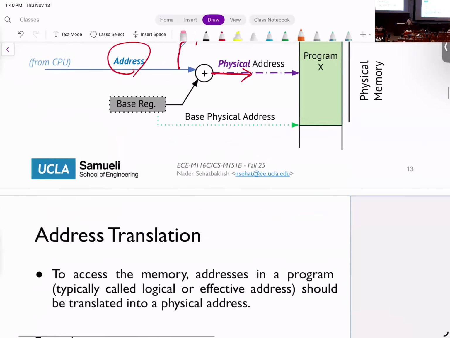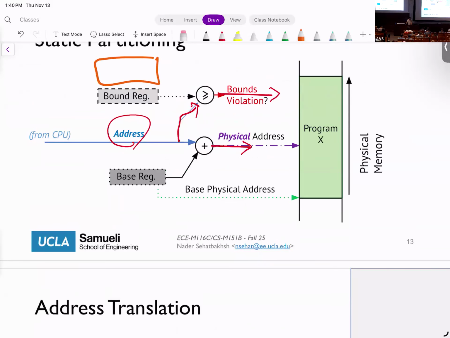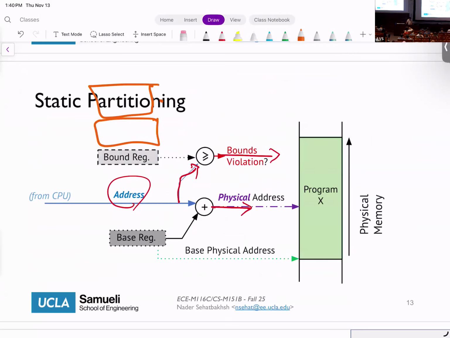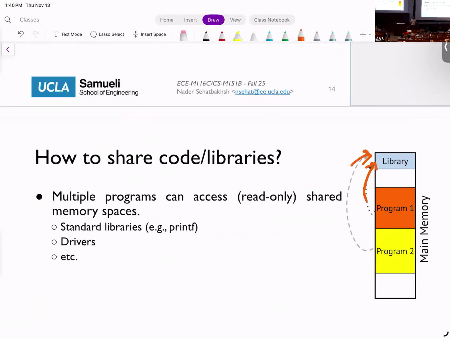So your bound checking usually is not just a simple bound, but it will be a group of bounds, okay? Then you check that, oh, does it belong to this range, or does it belong to this range, or does it belong to this range? And then you have to check whether or not they have access to those ranges, okay? But typically, if you provide some library, you only provide read-only accesses, okay?